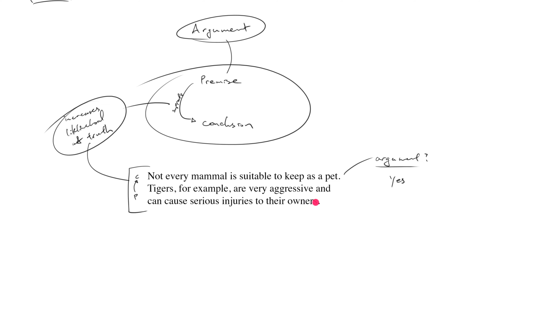You easily could have flipped around these two statements and said, tigers, for example, are very aggressive and can cause serious injuries to their owners. Not every mammal is suitable to keep as a pet. That would not have changed a thing. This would still be the premise, and it would still be supporting the conclusion, which now just exists down over here. Okay, so once again, order doesn't matter when you're determining the flow of support.